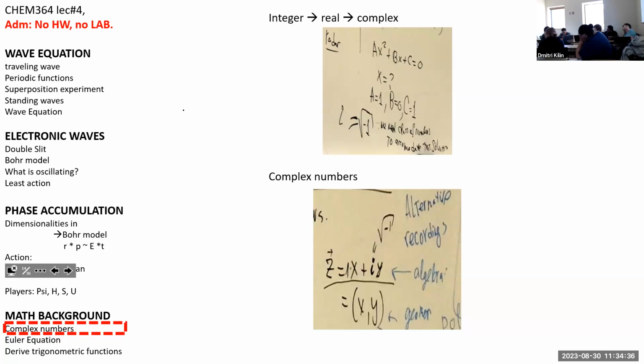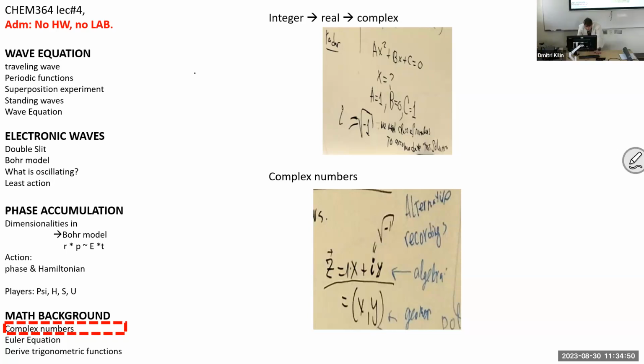Right? So by solving the quadratic equation here, we get a solution plus minus i, right? So there is a common way to believe that a special class of numbers, complex numbers, are two-dimensional vectors.